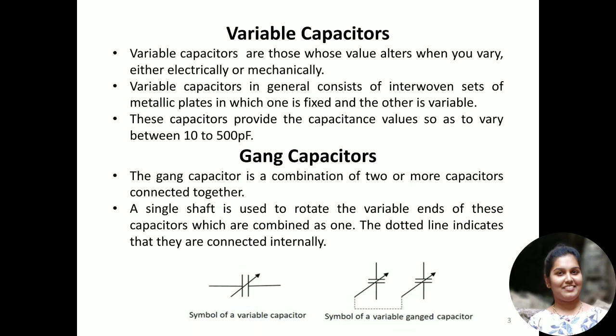Though we have two or more variable capacitors connected, the movement of all the plates will be by a single shaft. That is, all the movable plates will be connected to one shaft. In order to represent that, we have indicated this with a dotted line. The dotted line indicates that they are connected internally.